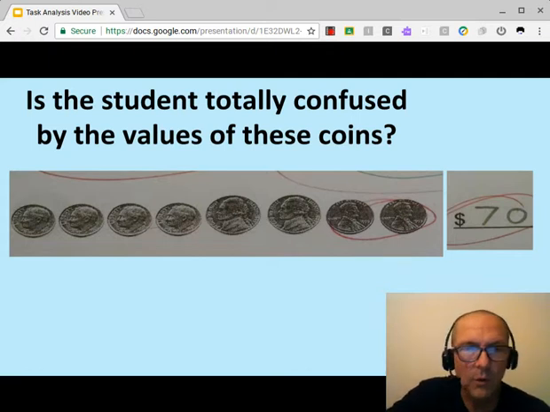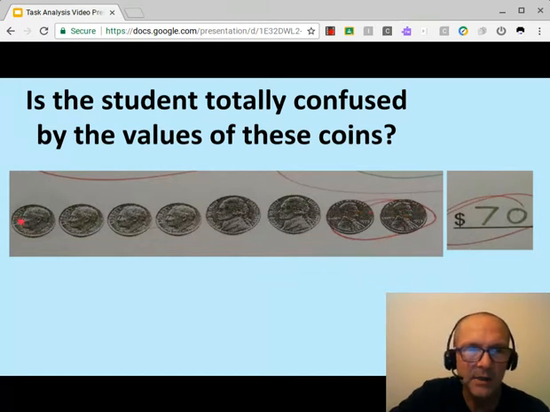Okay, so what you'll notice here is the student got close: 10, 20, 30, 40. So he got up to 40, it looks like, and then what else happened? Well, I'm thinking he did 50, 60, and then what do you think he did with the pennies? Maybe 65, 70.